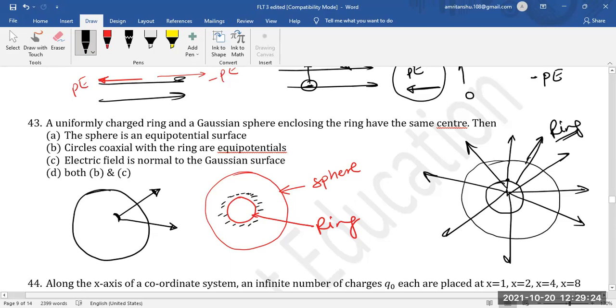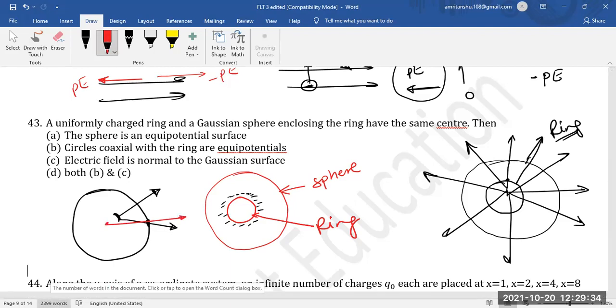Because when you draw a normal vector over here, it comes out to be like this. You have to understand that the geometry of a ring and the geometry of a sphere are different. In the case of a ring, we don't have any surface beyond this. If you just see the surface part contained for a ring, it is in this region only.